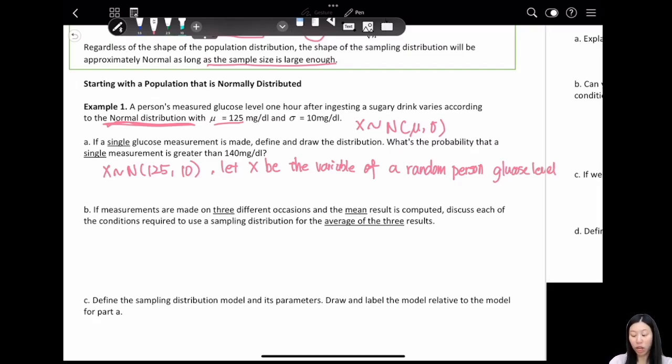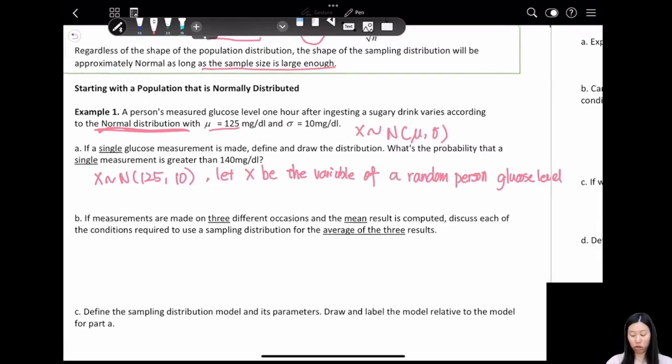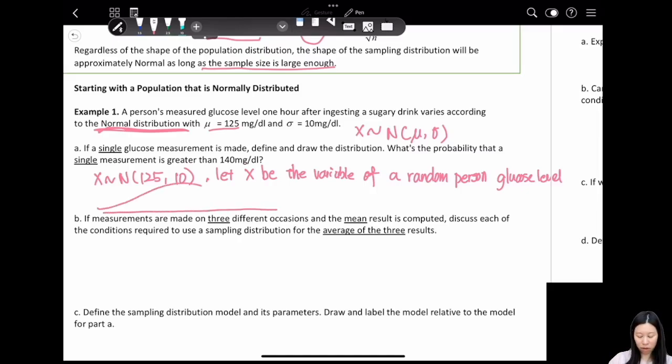Okay, so we know that this follows a normal distribution. Do you remember what a normal distribution looks like for the graph? It's going to look like a bell shape.